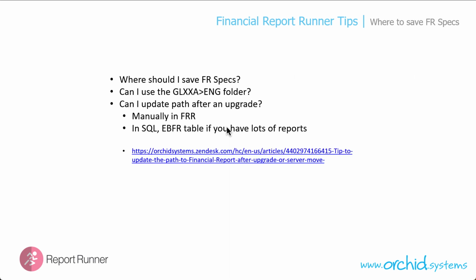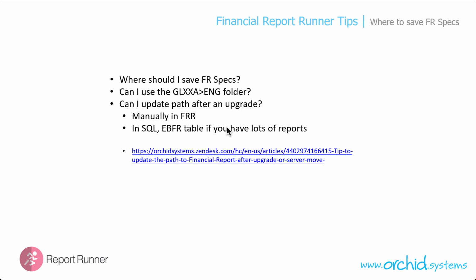But that means that after an upgrade, you may not have your GL70A ENG folder, so you would then need to change the path where the specs are and change them to the GL71A ENG folder, which you can do manually in Financial Report Writer, but if you have many reports, it may be a little bit tedious.